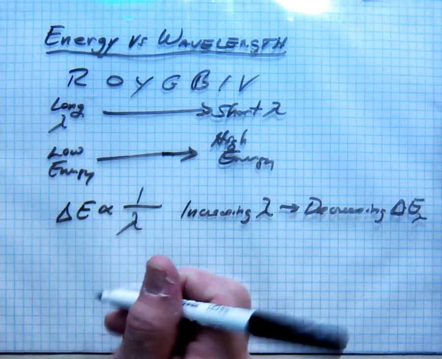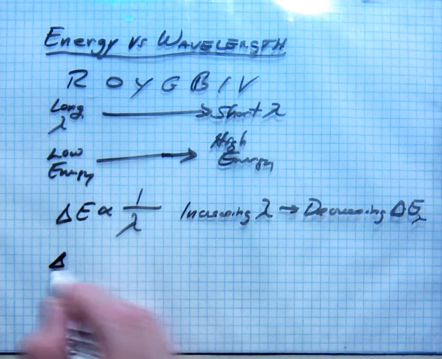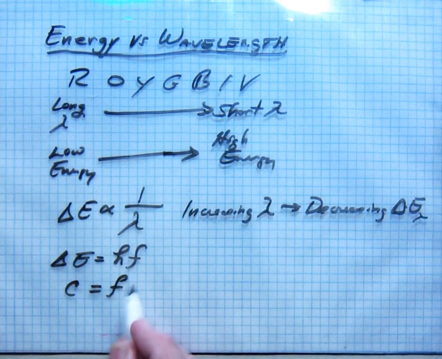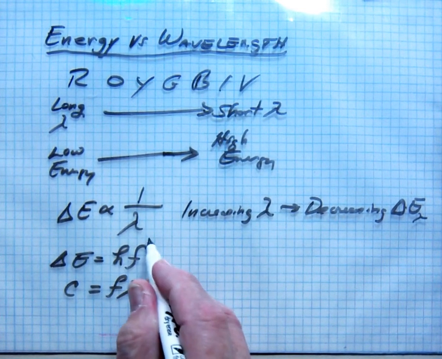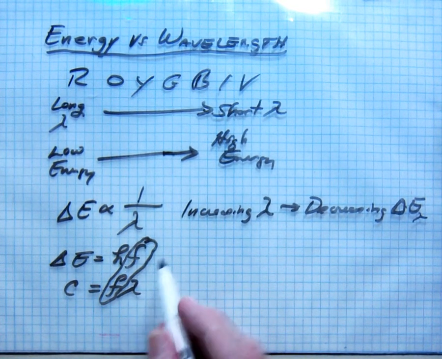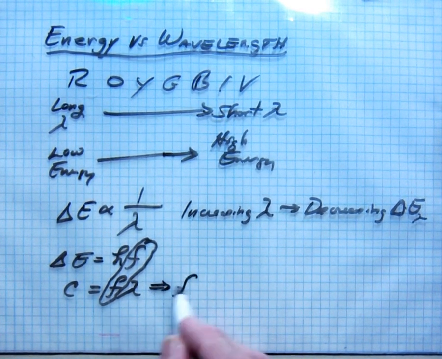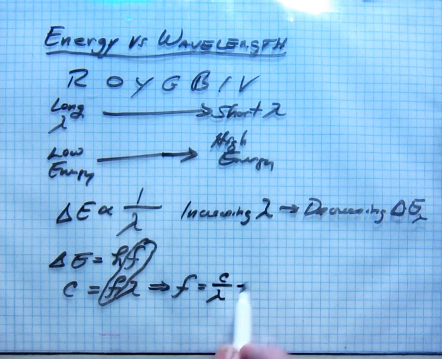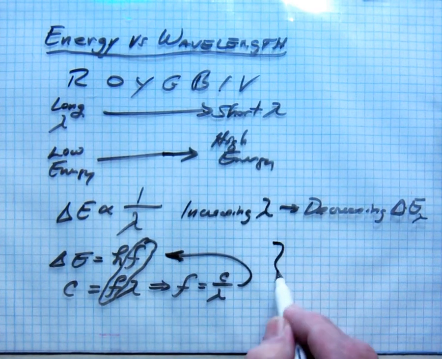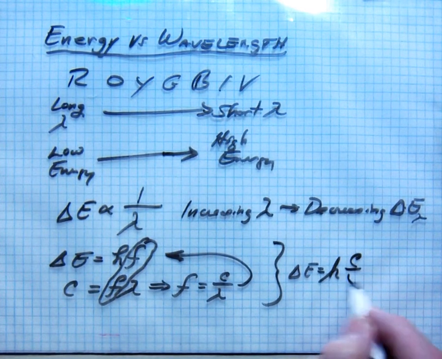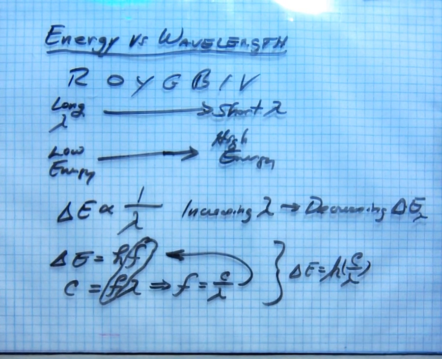Okay? Let's see. The equations we have are delta E equals H times frequency and C equals F lambda. Now, we can connect these two simultaneously through frequency. I can take this, solve for frequency to get C over lambda, and put this back into that, and we have delta E equals H C over lambda, which is the third equation you need to be aware of.